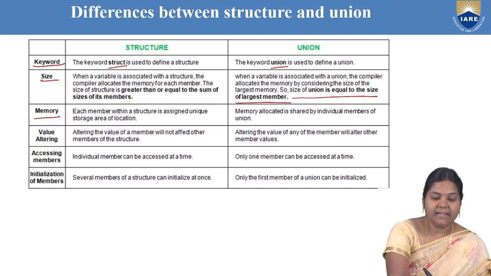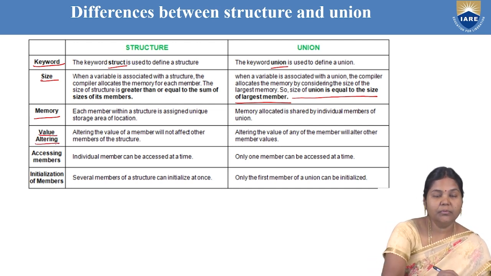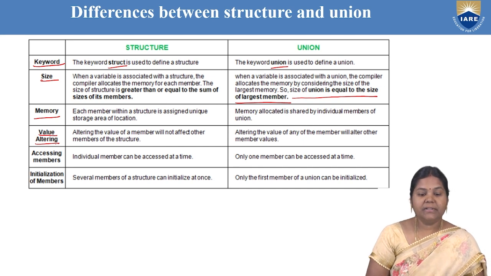The next difference is value altering. If you alter the value of any structure member, it will not have any effect on the other members of the structure. Whenever you want to change the value of any member in a structure, you can do it, and it will not affect the other members.